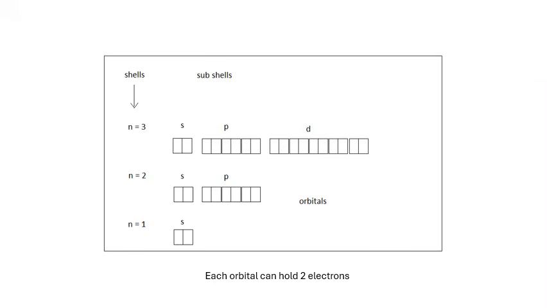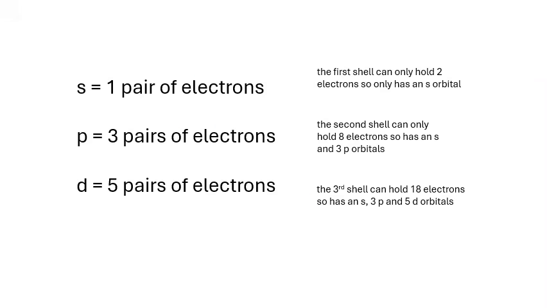So orbitals, as I said, it's like seats on the bus. Each orbital can hold 2 electrons. So the S subshell, 1 orbital, so 1 pair of electrons. The first shell can only hold 2 electrons, so it only has 1 s orbital.